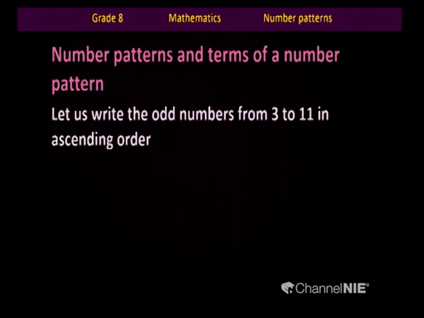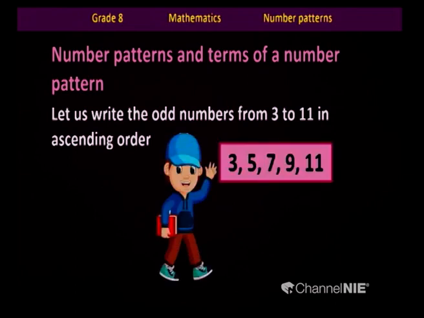So, what are the odd numbers from 3 to 11? Just say 3, 5, 7, 9 and 11. We can write it in ascending order as 3, 5, 7, 9 and 11.